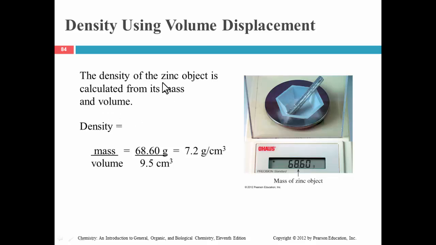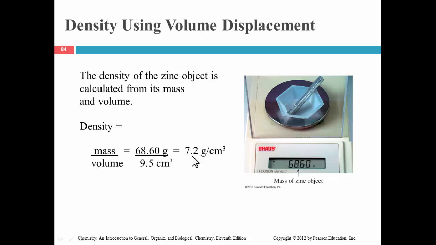The density of the zinc object is calculated from its mass and its volume. So on the previous slide, that volume displacement method told us that the volume of the zinc object was 9.5 centimeters cubed. You can weigh it on an analytical balance to determine the mass, 68.60 grams, and you get 68.60 grams divided by 9.5 centimeters cubed gives you the density.